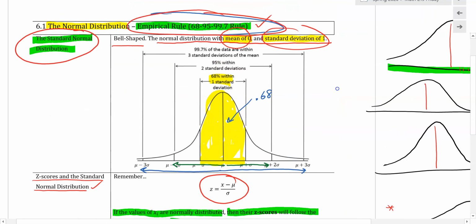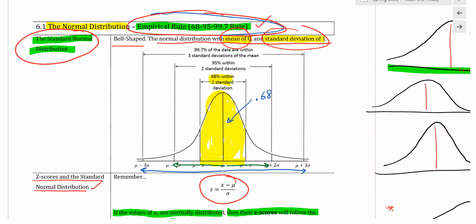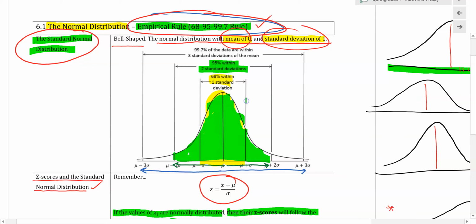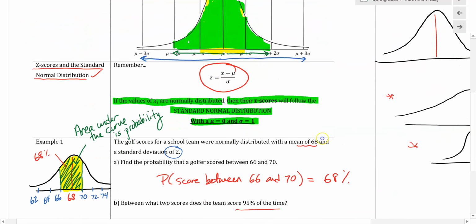Going back to the empirical rule, if you go 2 standard deviations left and right, you scoop up 95% of the data. So if I highlight all that region, the probability of landing in that green zone would be 95%.